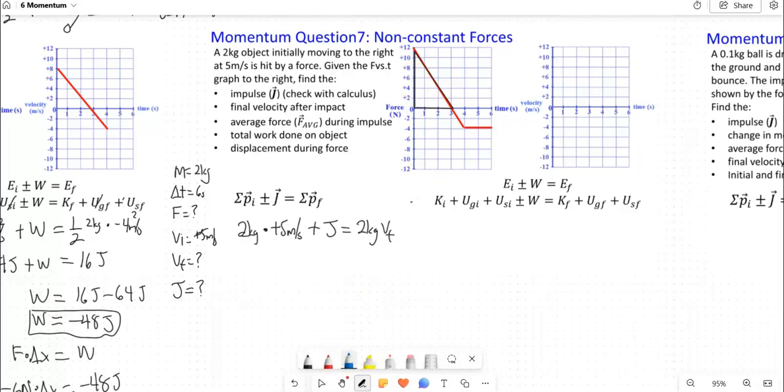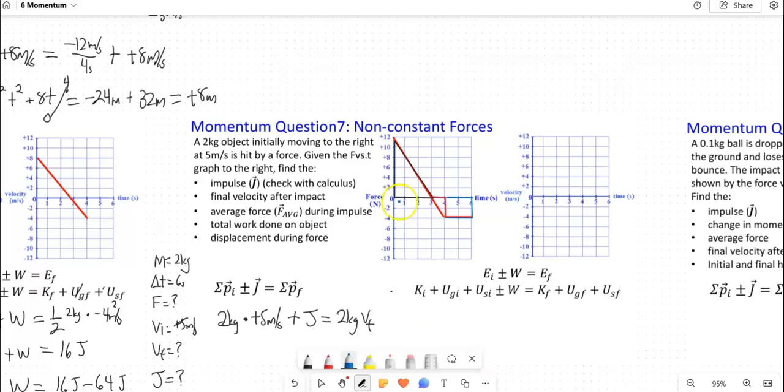Then you have this area underneath the line, which is another triangle. But then you have this other area right here. This one is a little bit more complicated. So basically, let's find the areas of all of this stuff right there.